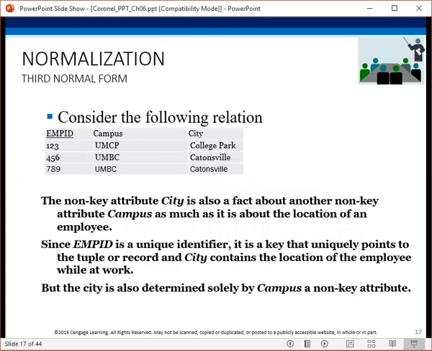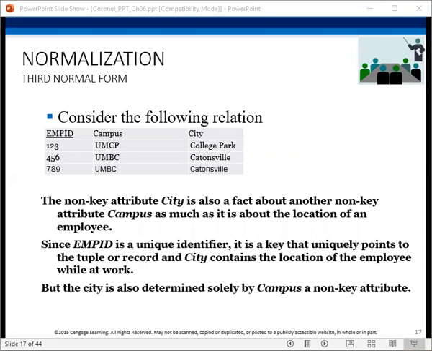So if we look at this relation, the non-key attribute city is also determined by another non-key attribute, campus. In our normalization process, we identify this determinant.